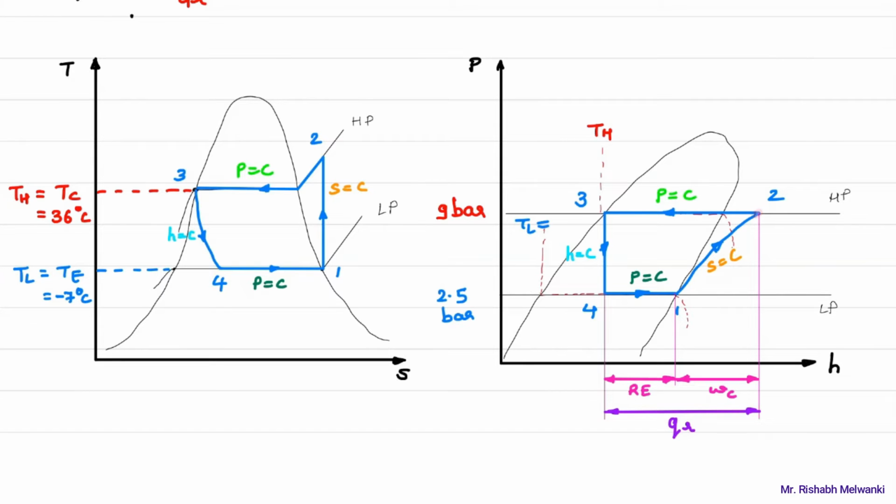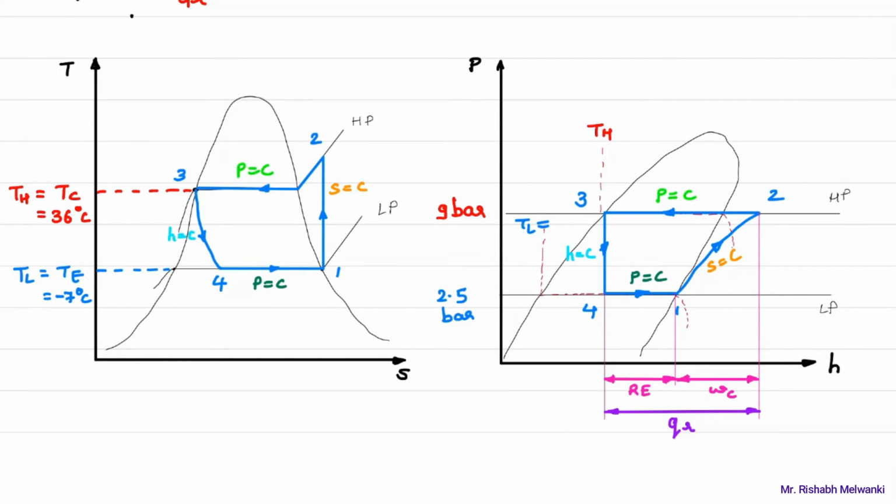Okay, what is this temperature? See, for point number 2, just tell me, for point number 3 and for this point that I have shown, what will be the temperature? Can anyone tell me for this point 3 and for this point, what will be the temperature? 36, the saturation temperature. Very good. But what about point number 2? Will it be greater than 36, equal to 36 or less than 36?